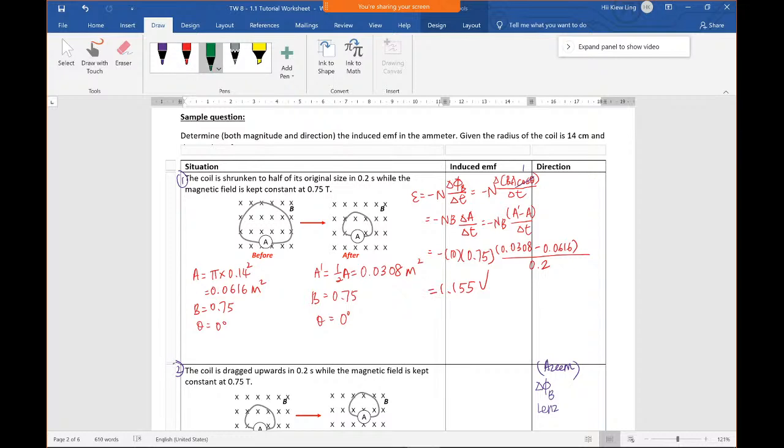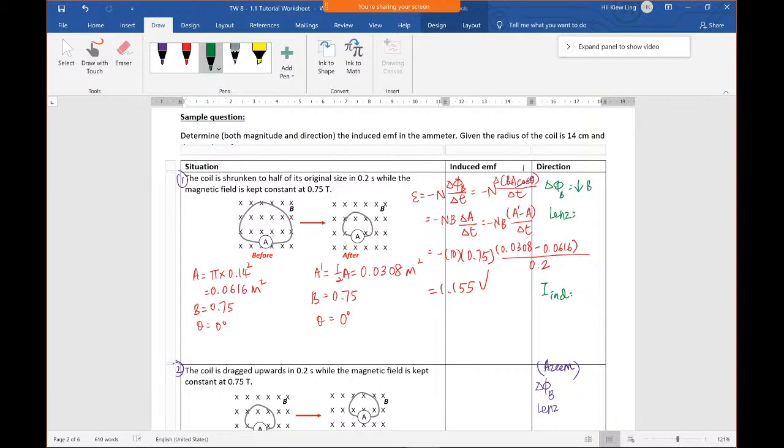Okay, finding the direction. The 3 steps. So if you look at the diagram, the change in the magnetic flux is a decrease, right?